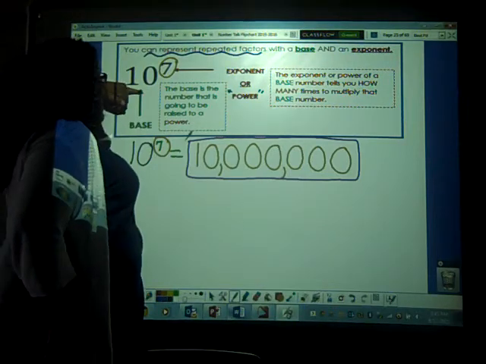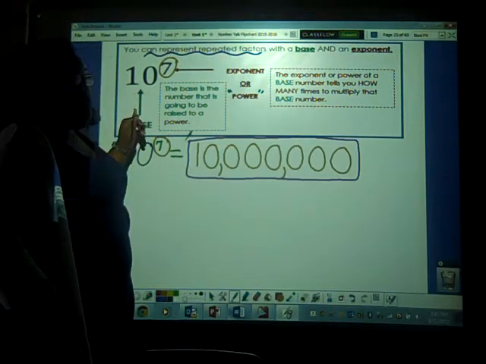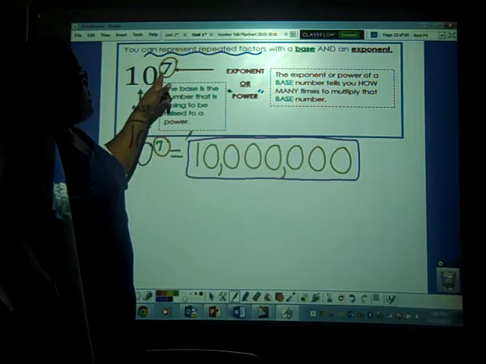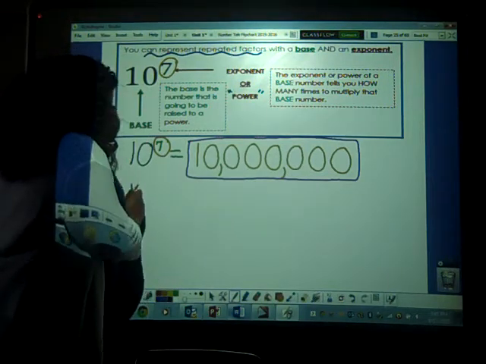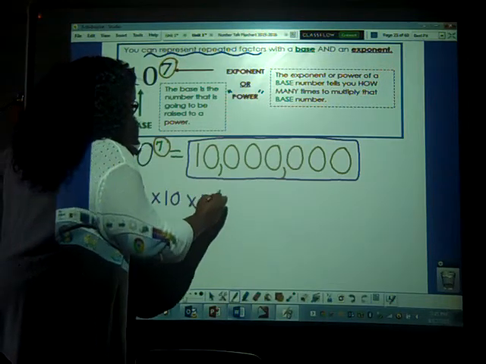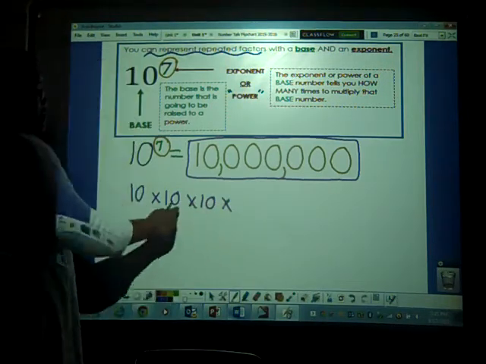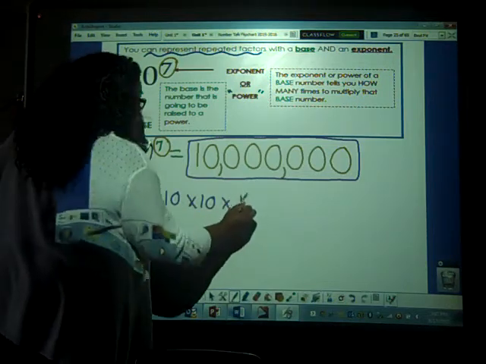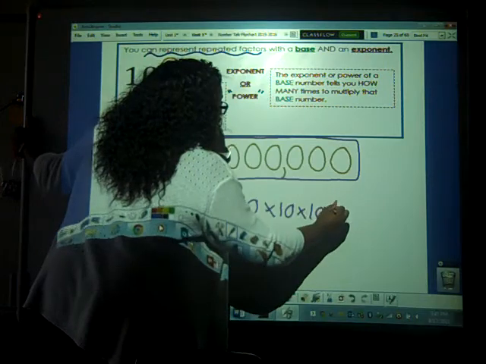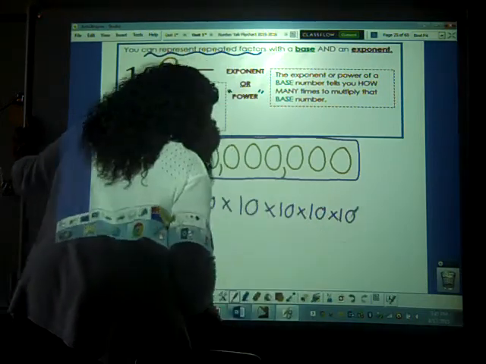So remember, your base is the number that is going to be raised to a power. That means I'm going to write 10 to the 7th power. I'm going to write 10 sevens. 10 times 10 times 10. It's the expanded form. 3, 4, 5, 6, 7.